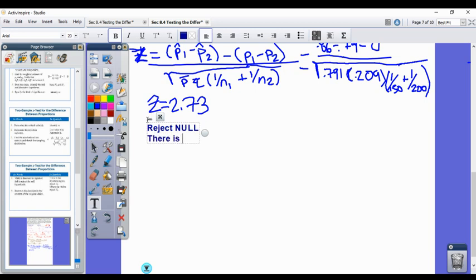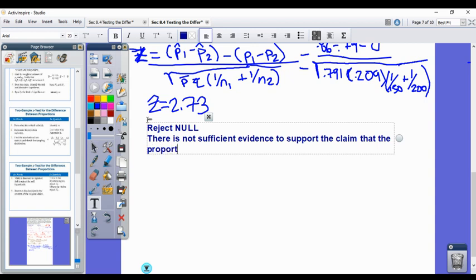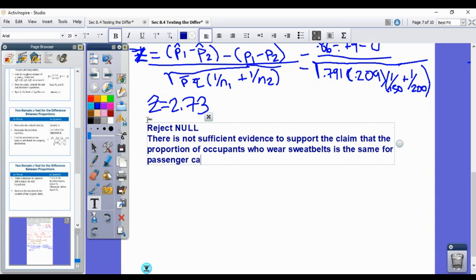There is not sufficient evidence to support the claim that the proportion of occupants who wear seatbelts is the same for passenger cars and pickup trucks.